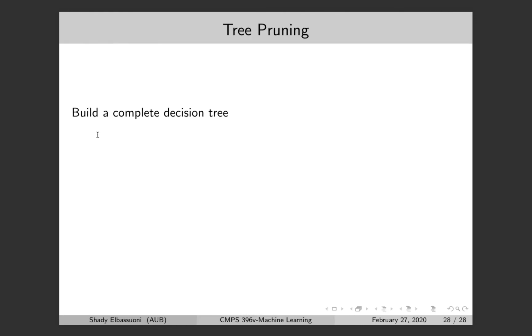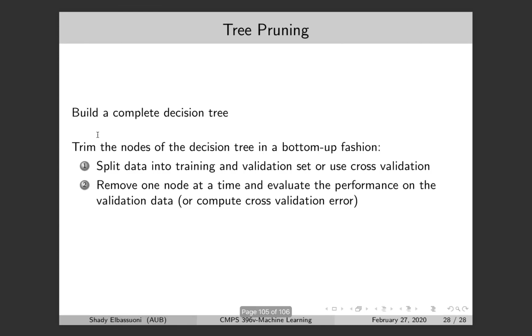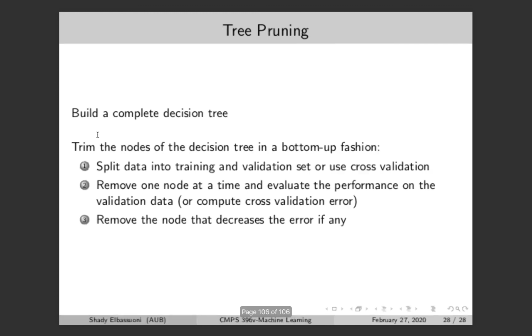You build a complete decision tree. Trim the nodes of the decision tree in a bottom-up fashion. So split data into training and validation set or use cross-validation. Remove one node at a time and evaluate the performance on the validation data, or compute cross-validation error, and remove the node that decreases the error if any.